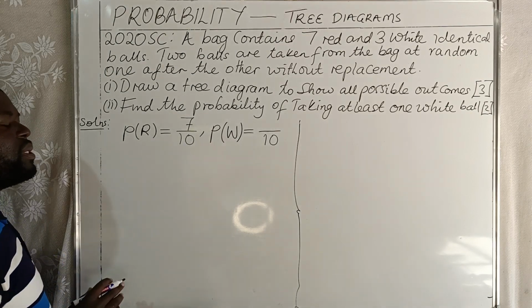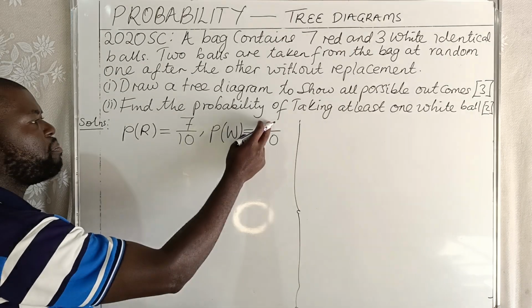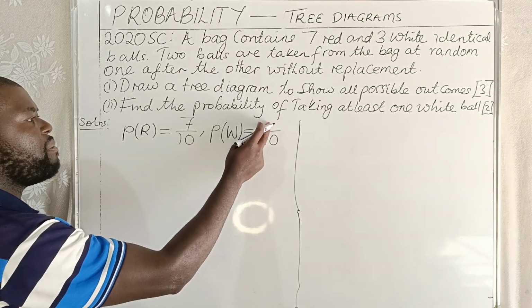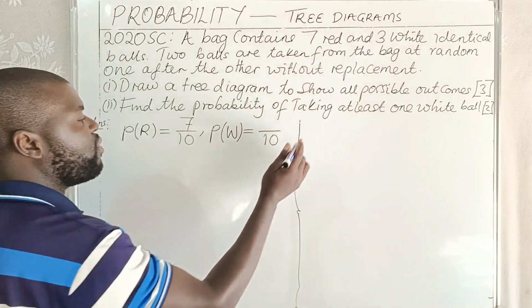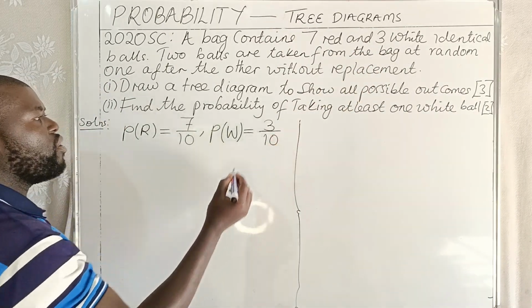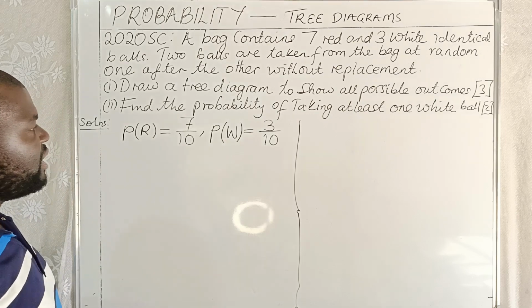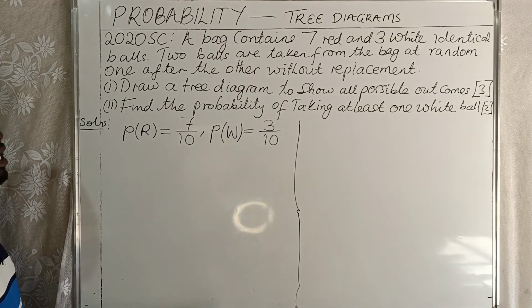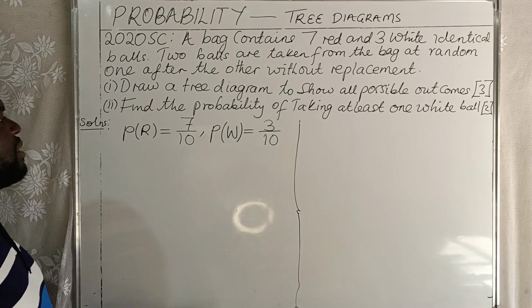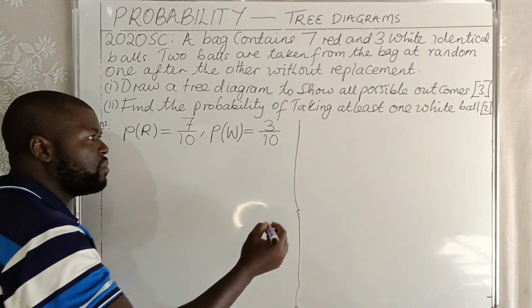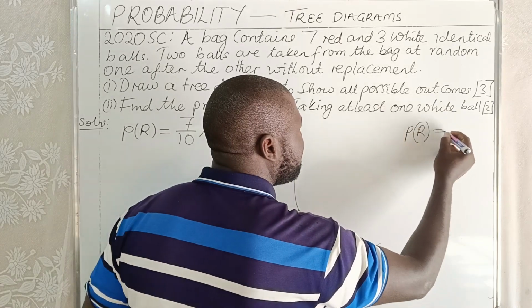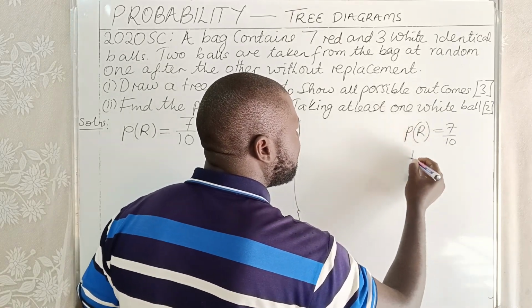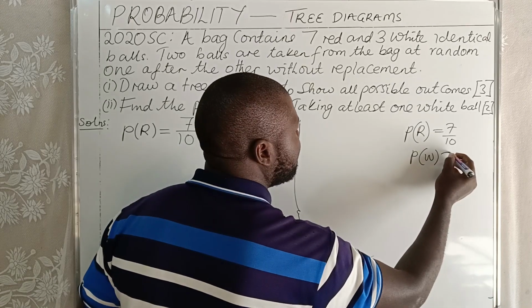Coming to the white balls, we need the total number of white balls out of the 10 balls, and we are told white balls are 3. So these are the individual probabilities that we are going to use in the construction of our tree diagram. I'm going to put them here: probability red, probability white.